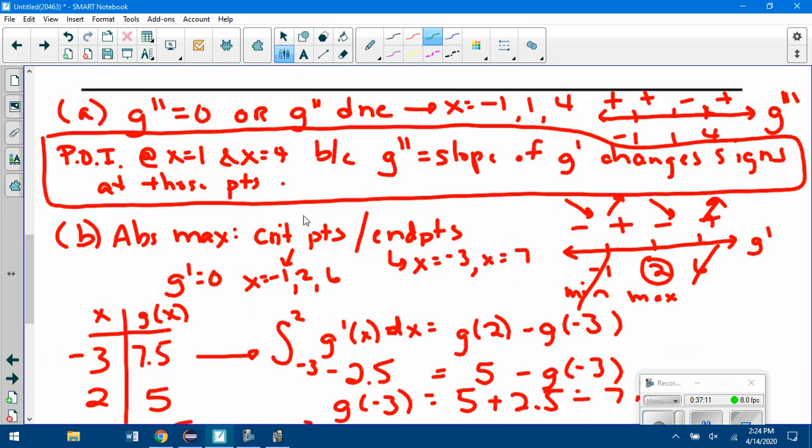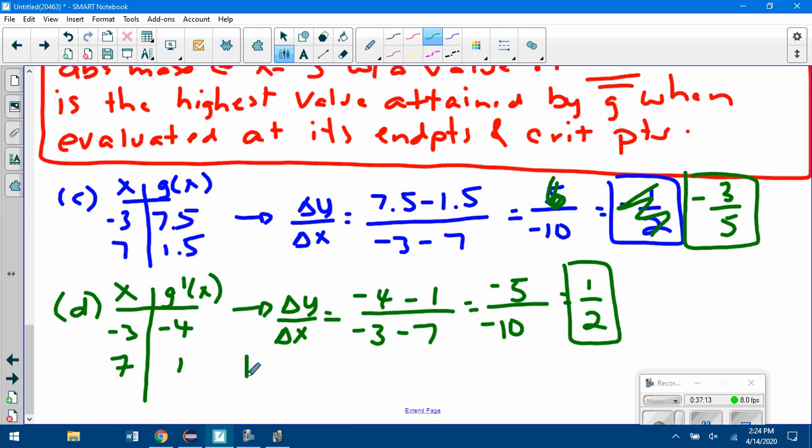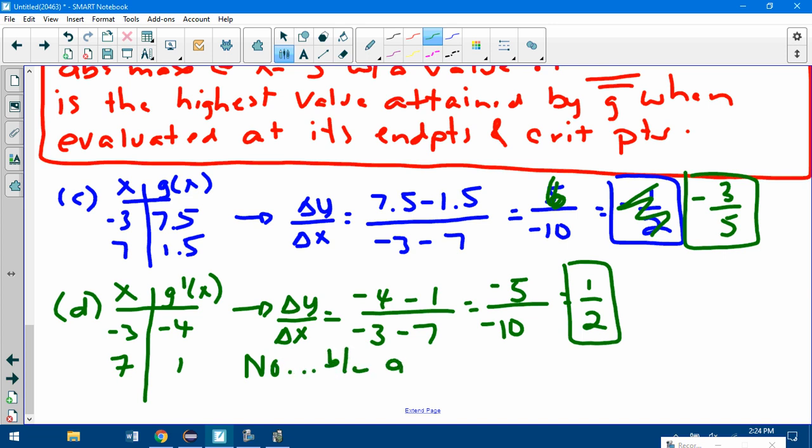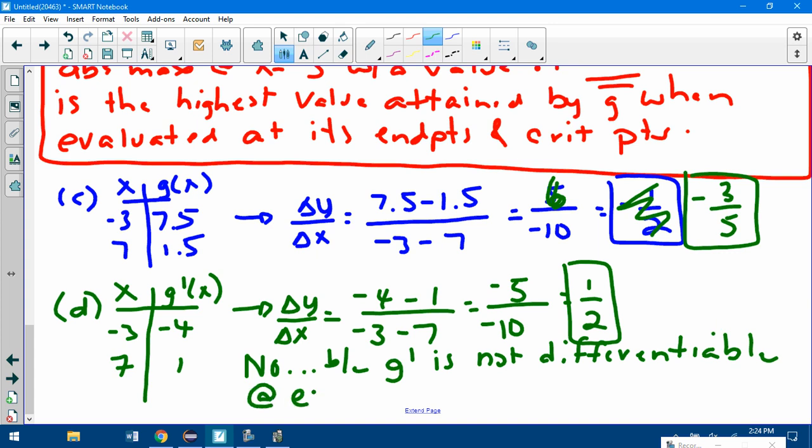No, because the conditions of the mean value theorem are not met. So no, because g prime is not differentiable at every point between -3 and 7.